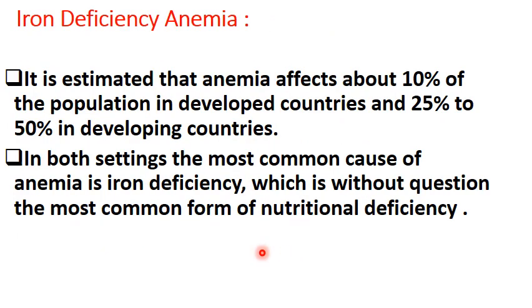First, iron deficiency anemia, meaning anemia due to iron deficiency. It is estimated that this type of anemia affects about 10% of the population in developed countries and 25 to 50% in developing countries.